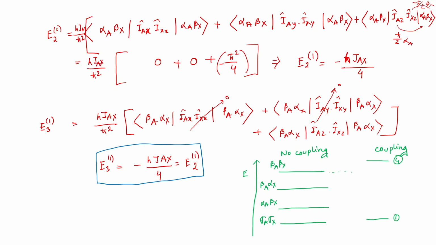How much destabilization was there? So the destabilization is the same, that is h Jx by 4 in both the cases.